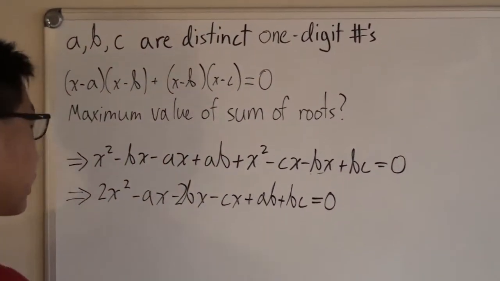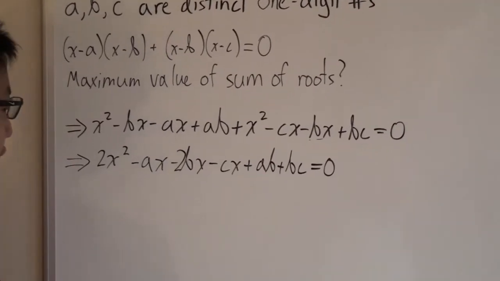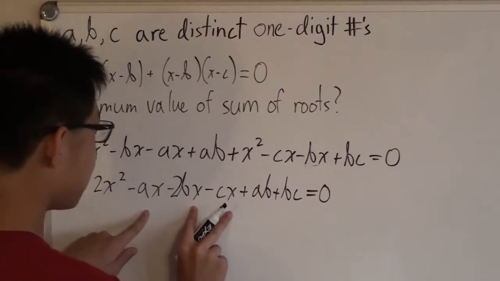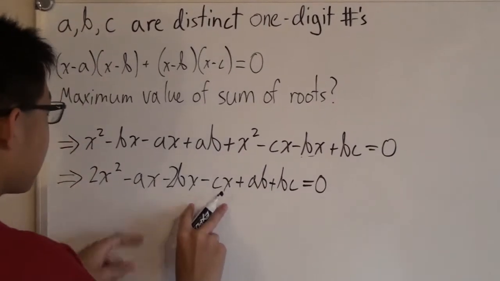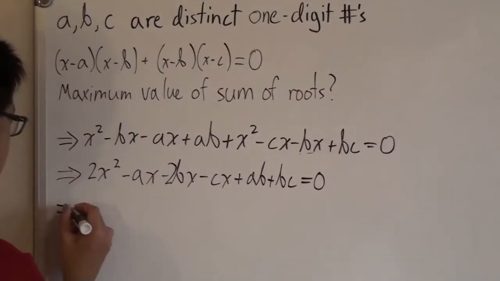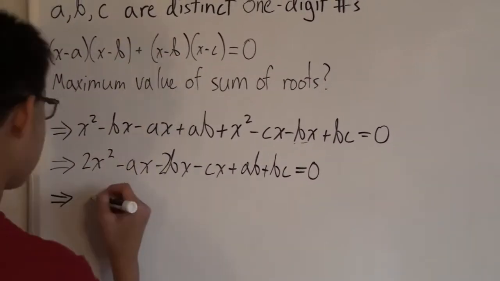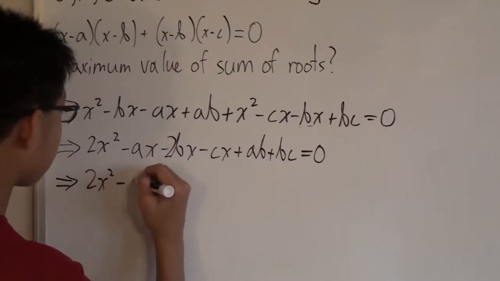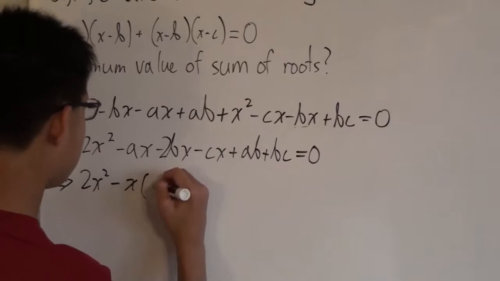Okay, now we can see that if you would factor out the x from these three variables, then you would get a standard quadratic equation, which would make it easy to get the sum of the roots. So if you did that, factored out the x, it would look like this.